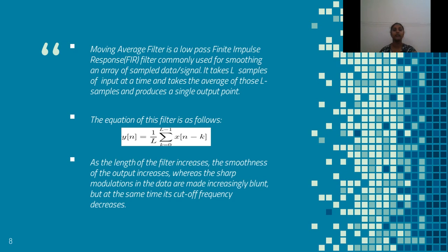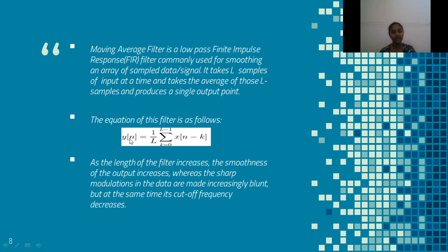So the equation will be y[n] = (1/L) Σ from k = 0 to L−1 of x[n−k], that is we are considering L samples. As the length of the filter increases, that is the L value increases, the smoothness of the output increases, whereas the sharp modulations in the data are made increasingly blunt, that is the high frequency noises are decreased.